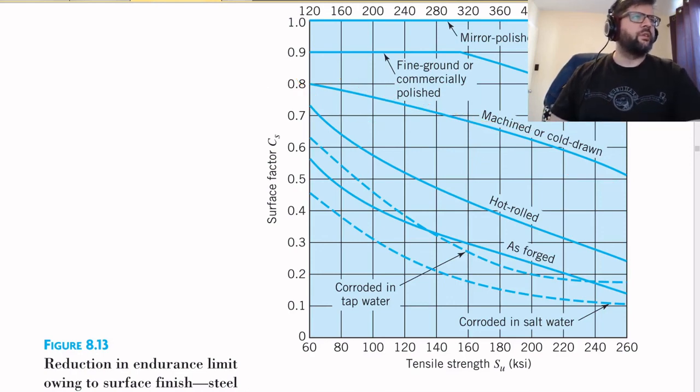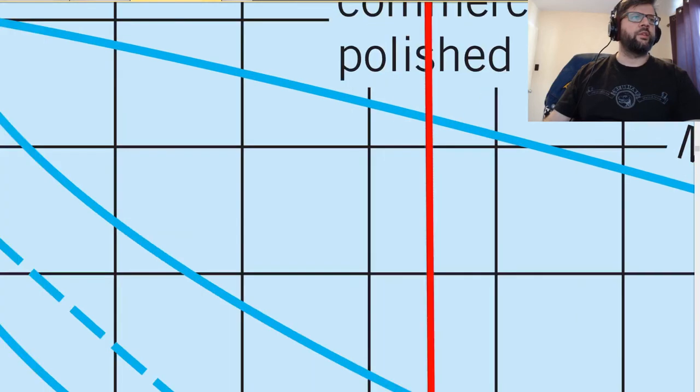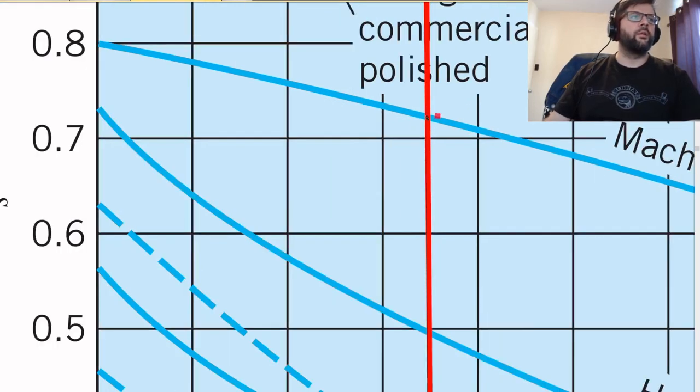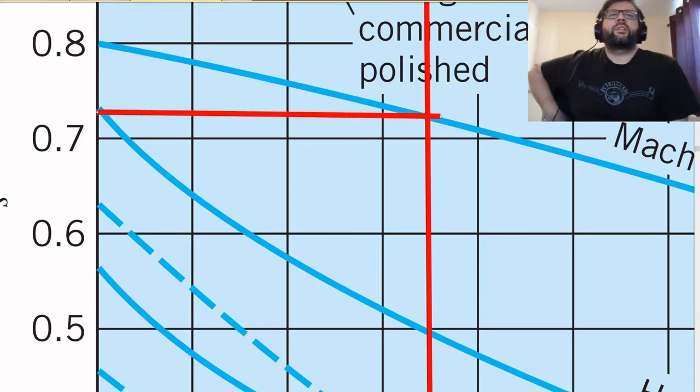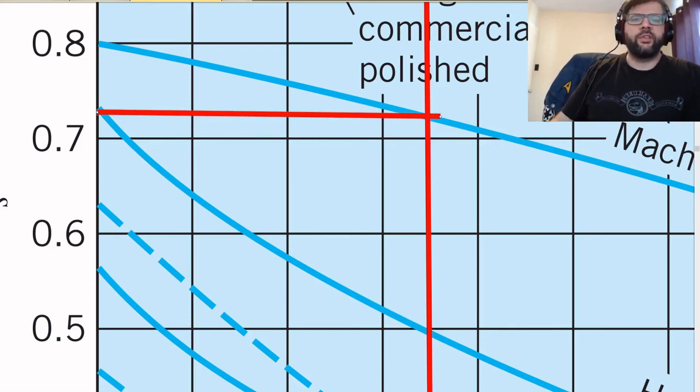And we know that the tensile strength of the material was 130 ksi. Yeah, that's the ultimate strength. So we're looking at this intersection right here. Moving that on over, that to me looks like 0.73. Maybe 0.725. Let's go with 0.725.